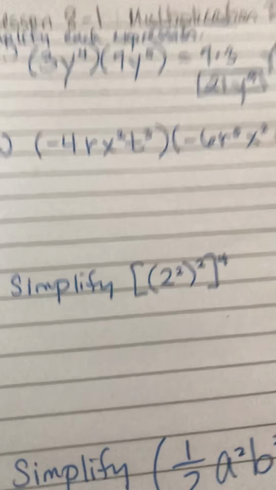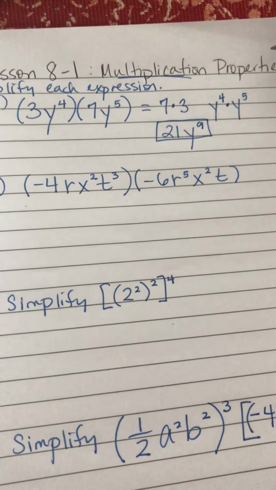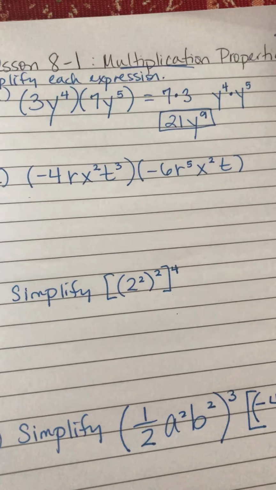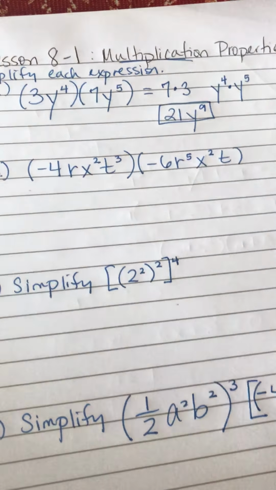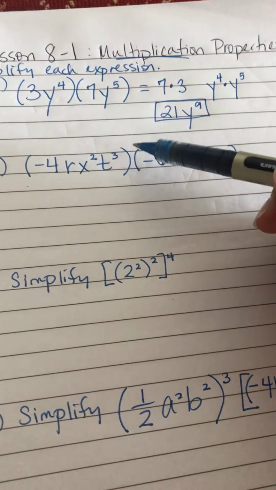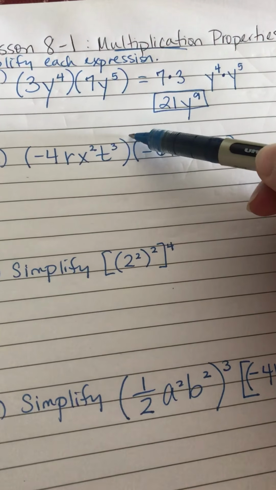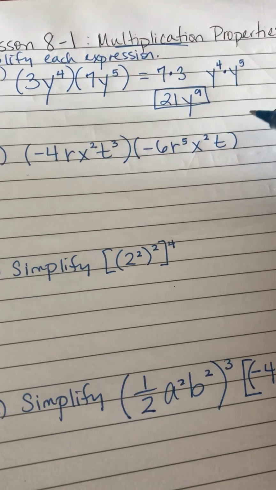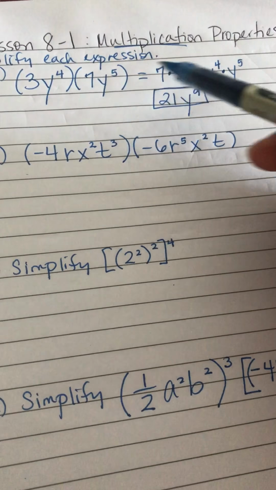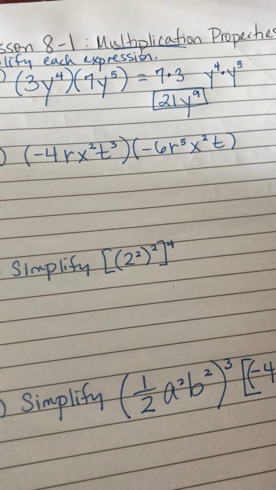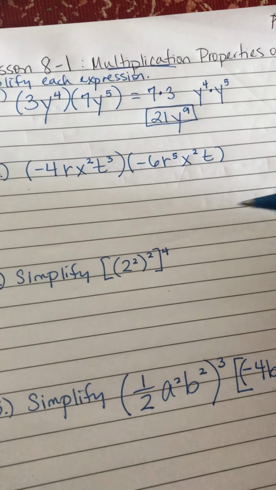Okay, the second one's a little bit more difficult because there's a few more variables. But it's the same process. It's all multiplication. We do not have any exponents outside of the parentheses. So it's the same rule that we used on number 2A, we're going to use for 2B.